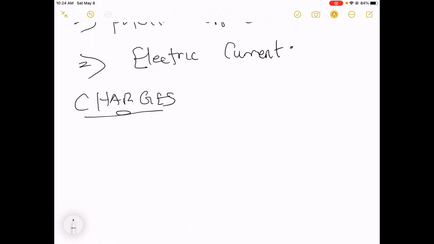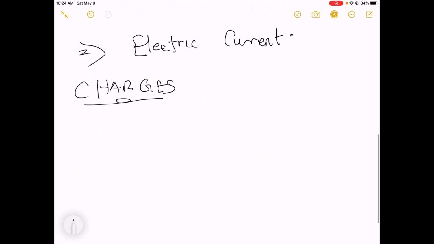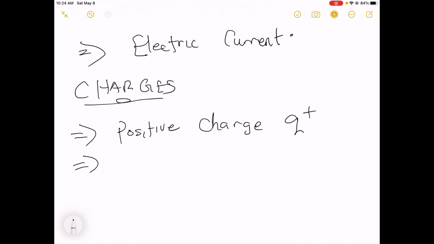So we have two types of charges. We have the positive charge, which I will call Q plus, and we have a negative charge, which I will call Q negative.